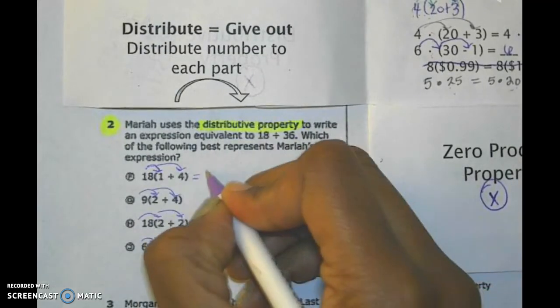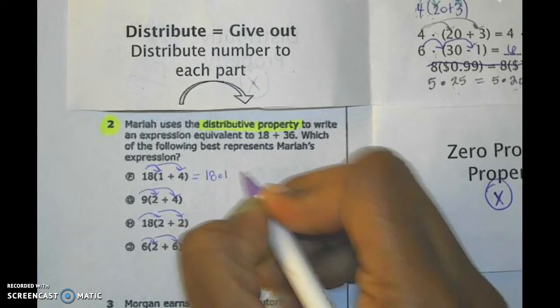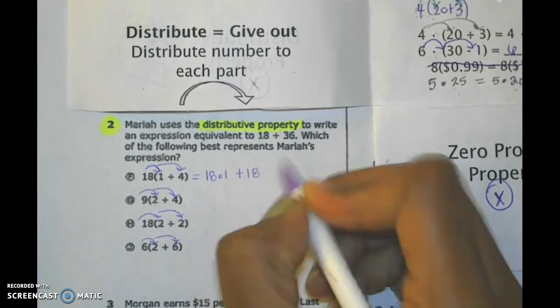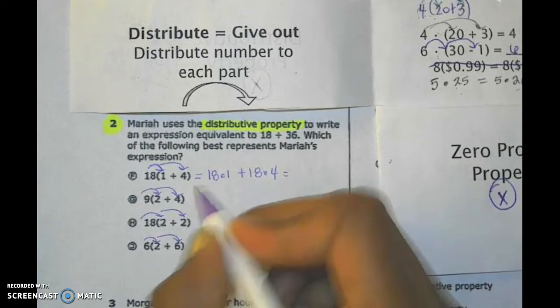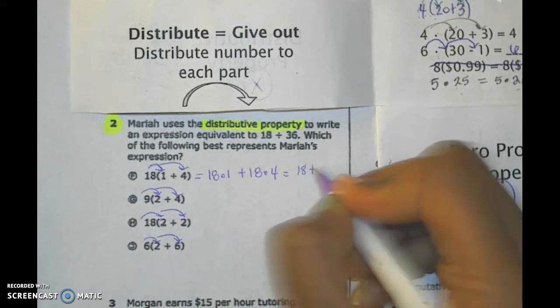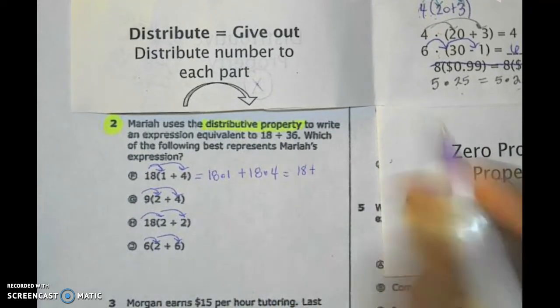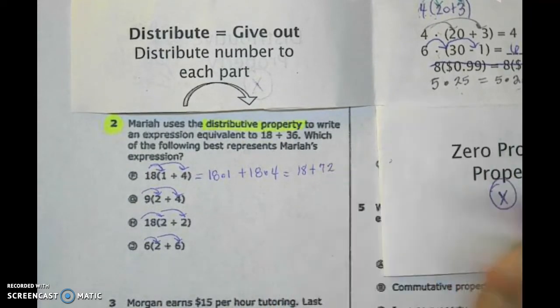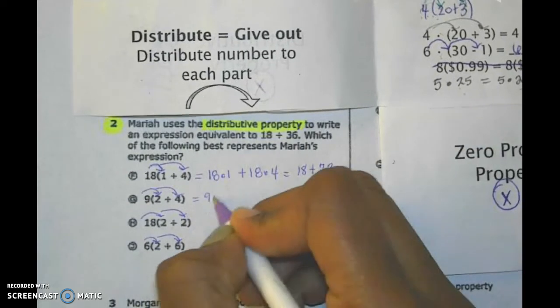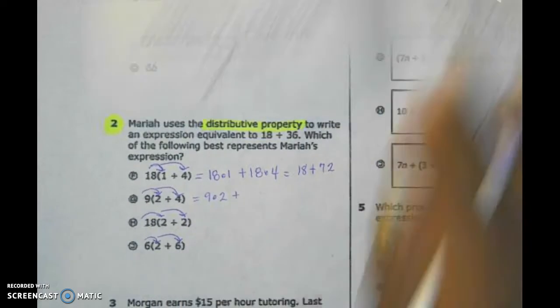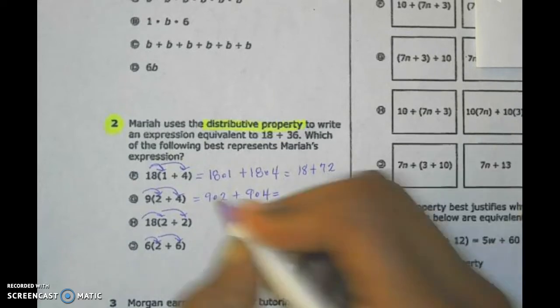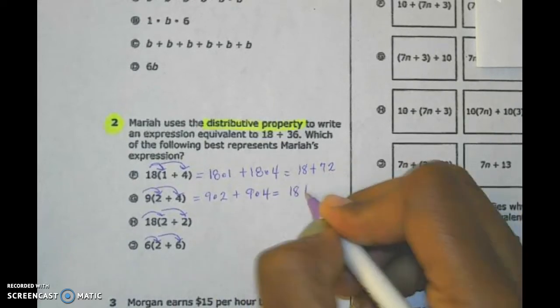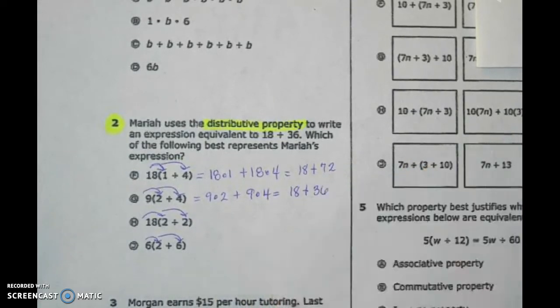So this is going to become 18 times 1 plus 18 times 4, which will give me 18 plus 72, since 18 times 4 is 72. This will be 9 times 2 plus 9 times 4, which will give me 18 plus 36.